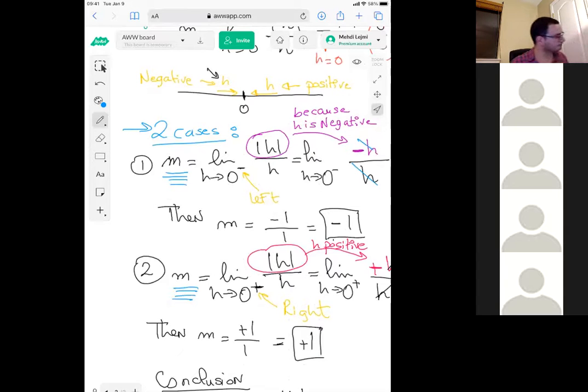All right, so we can have one more example, and then I can probably give you an exercise. Yeah, let's do another example. Okay, so you see this absolute value of x.